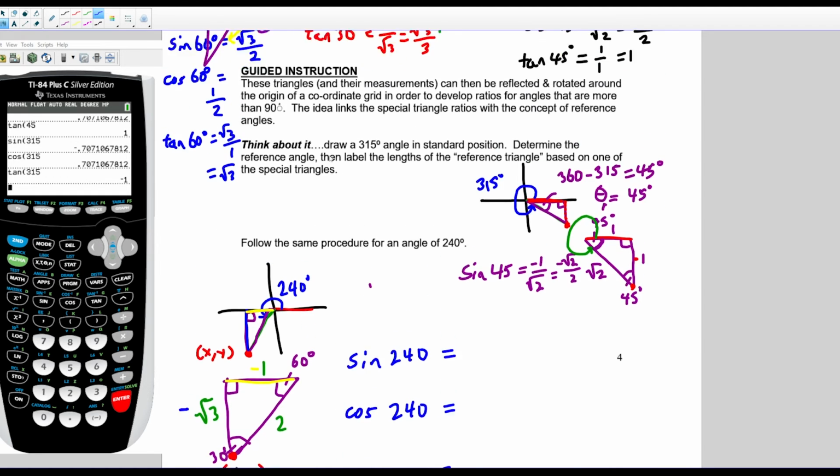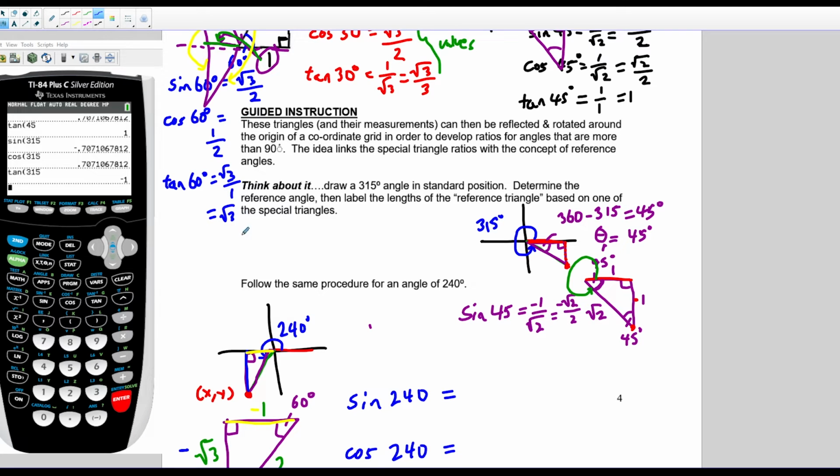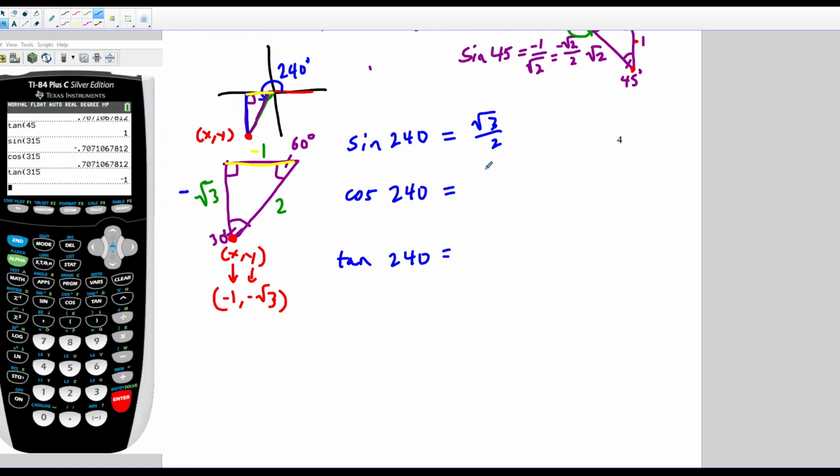So if we go back up and look at our 60 degrees, we have √3/2, 1/2, and √3. So we can start off by writing those down. √3/2, 1/2, and √3.